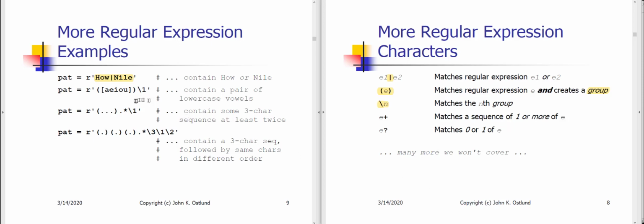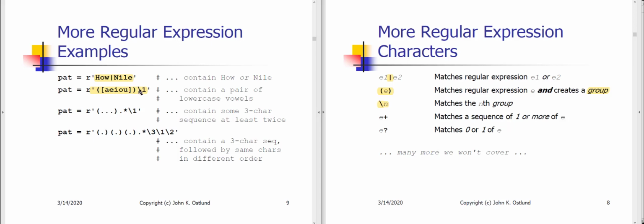So let's take a look at what we're up to here with this pattern. We're using square brackets here to indicate that we want to search for a lowercase vowel. Now we're using parentheses to make that vowel that we just found a group, specifically group number 1.